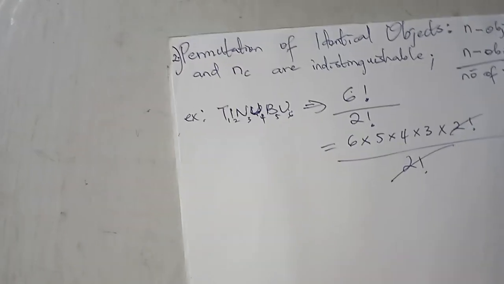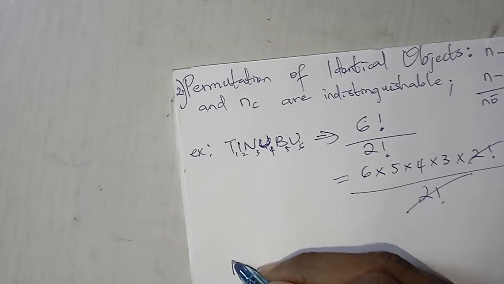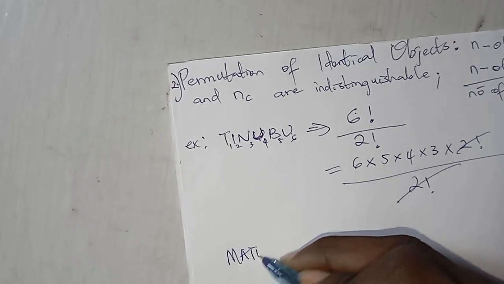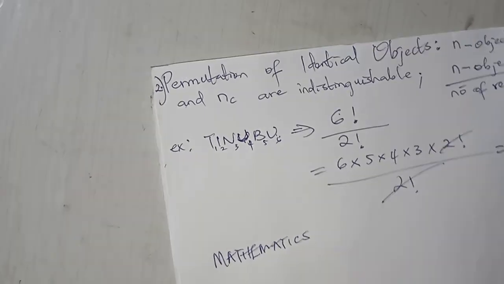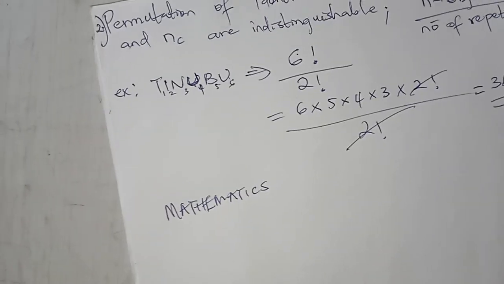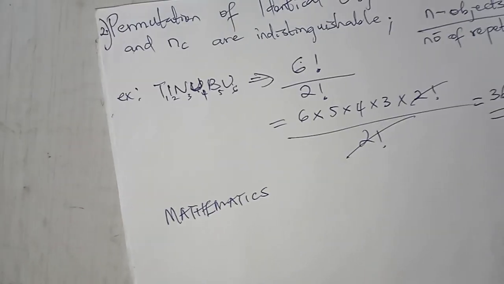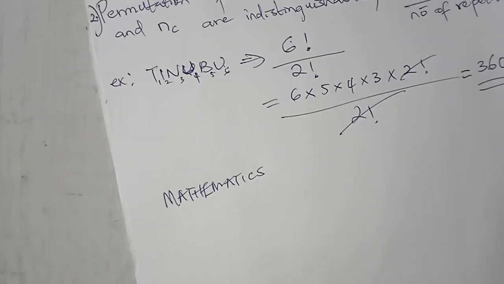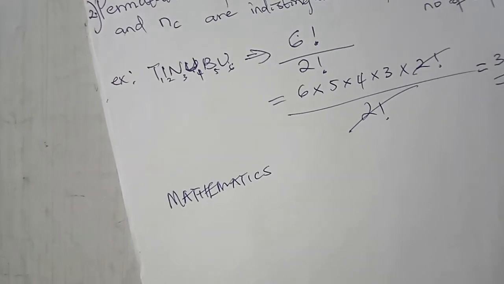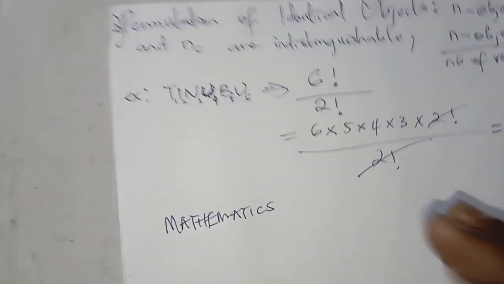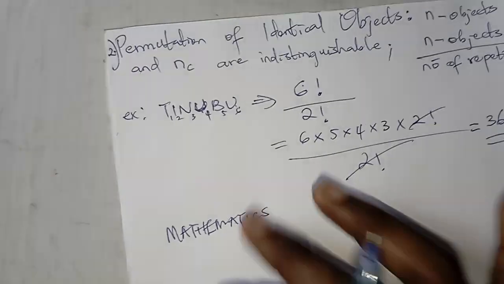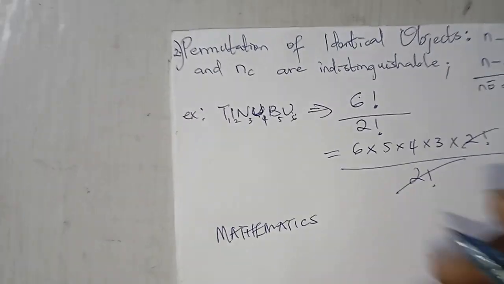So another question can come. They tell you, in how many ways can the letters of mathematics be arranged? Let's just do this one before we go to a word problem, because sometimes these kinds of questions look cheap.